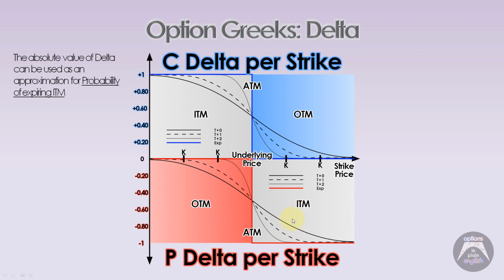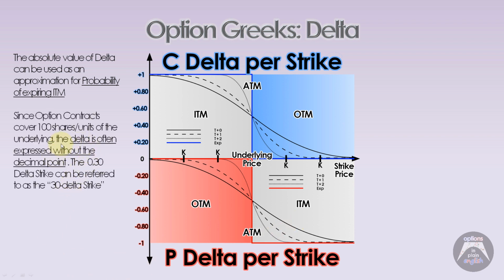So minus 70 deltas means there's a 70% probability of this put expiring in the money. So that is a very important use of delta. It's an approximation for probability of expiring in the money. Mathematically, it's not exactly accurate, but it's good enough and it gives us a good sense of the probabilities for that particular strike price.